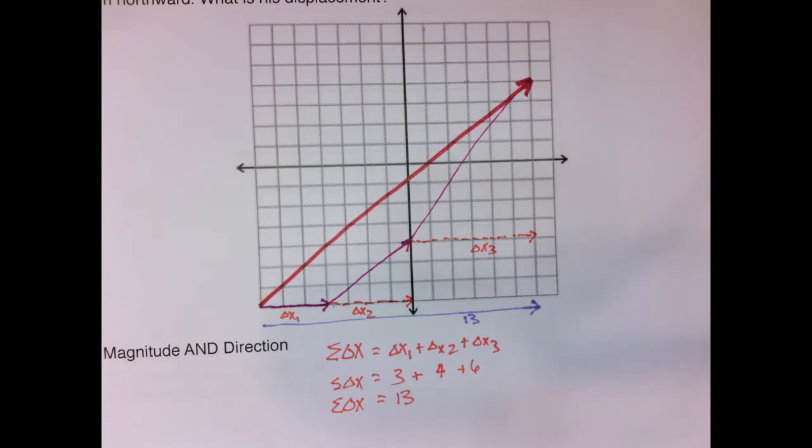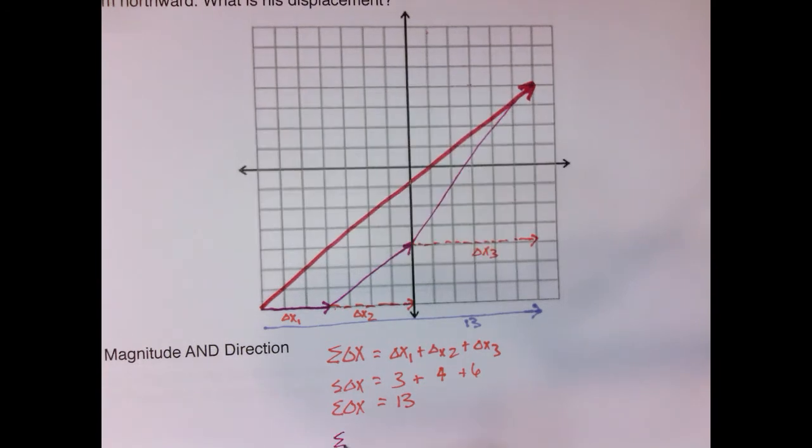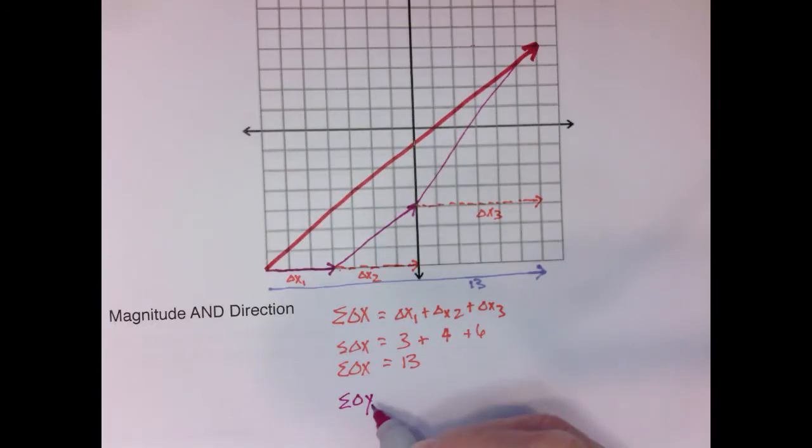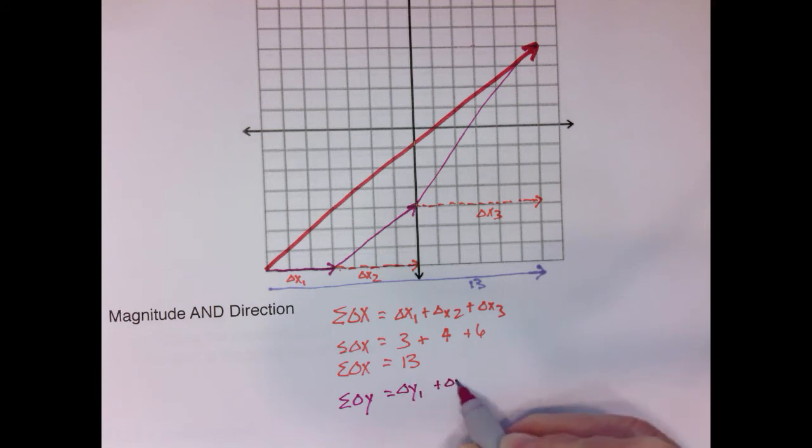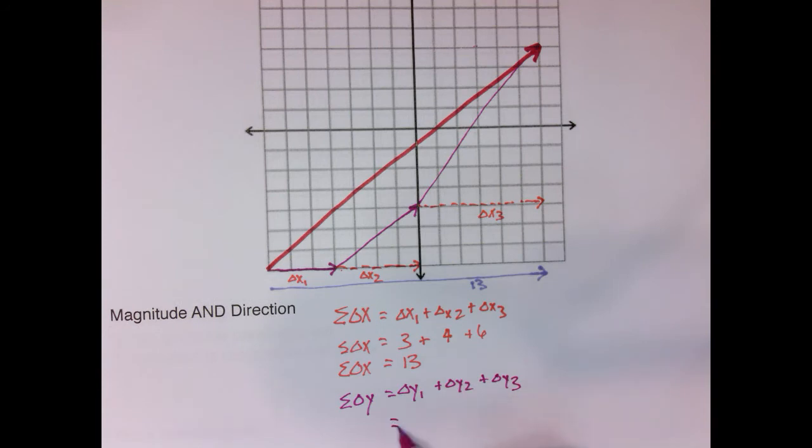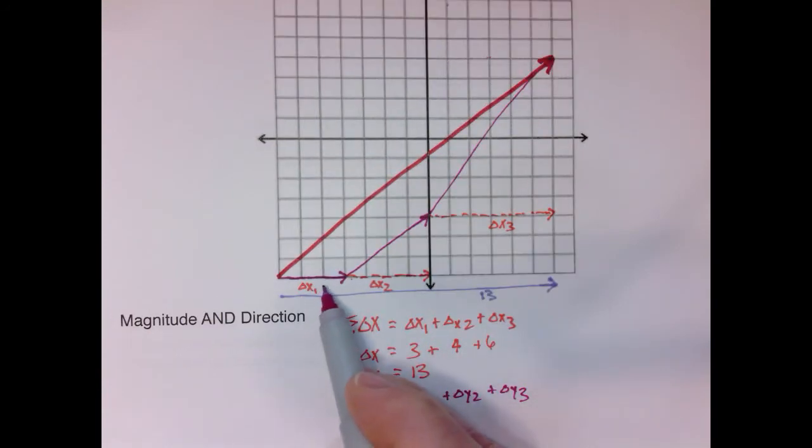Moving on to the vertical, the sum of the y's will be delta y1 plus the displacement in y2 plus the displacement in y3. Displacement in y1 is 0.